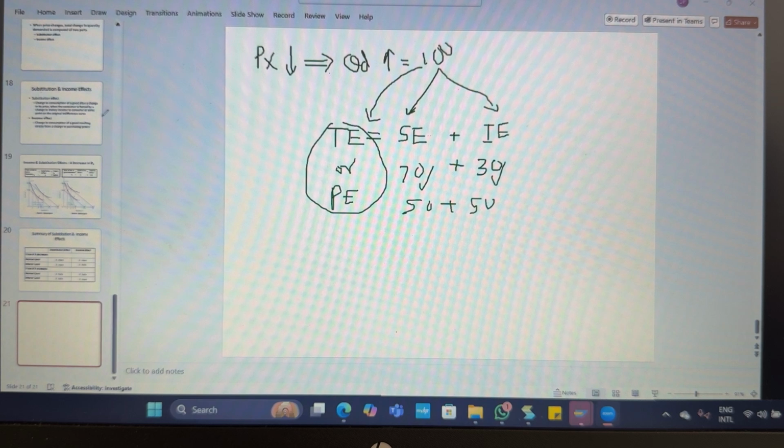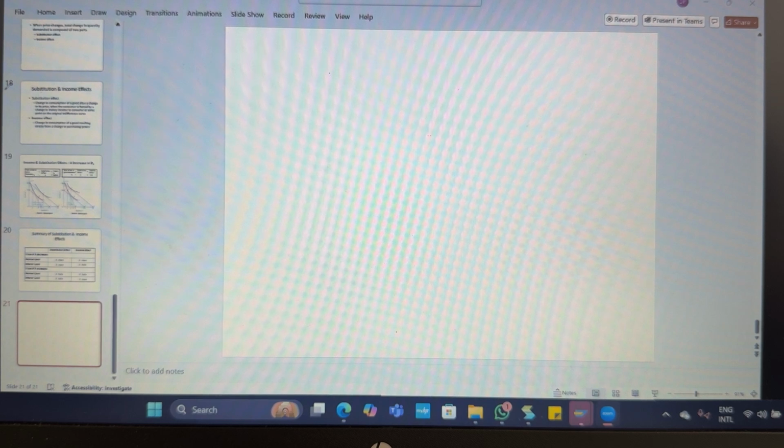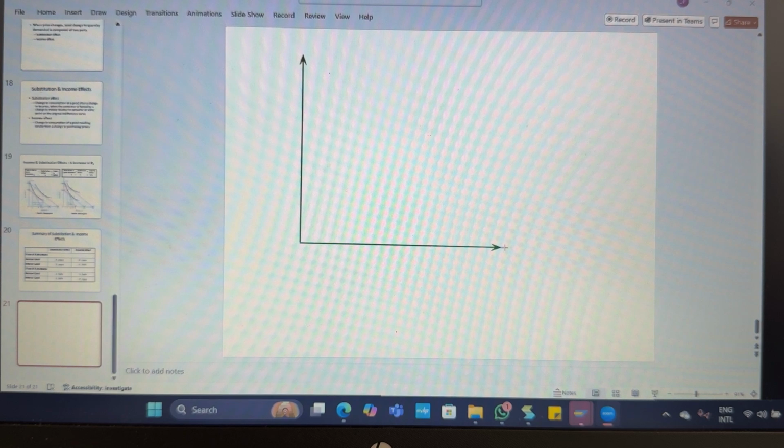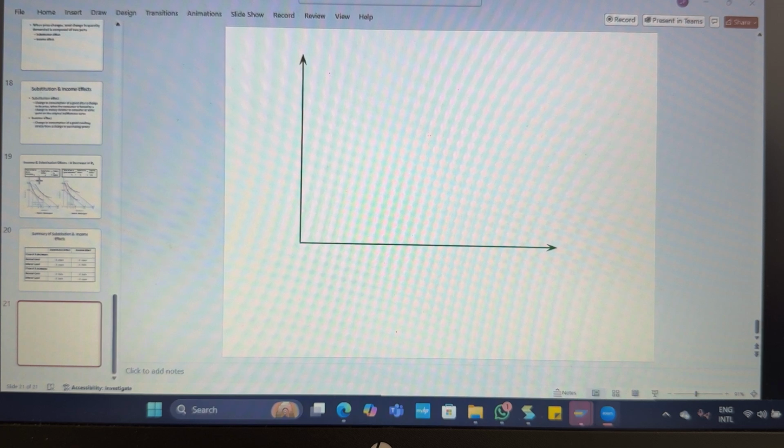Right. Now, I am drawing the curves line by line. I am asking you also to take a piece of paper and draw with me. Also name these two commodities.